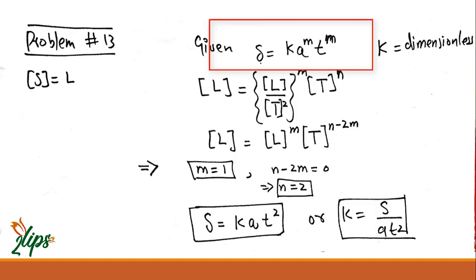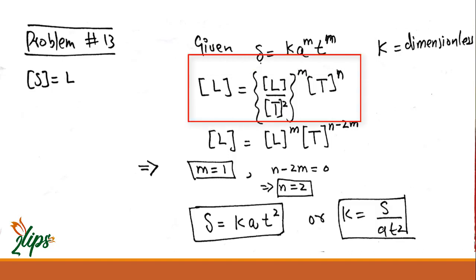So on the left side the dimension of displacement is length, and on the right side we have two quantities which have dimensions, that is acceleration and time. Since the units of acceleration are meter per second squared, the dimensions are length over time squared.